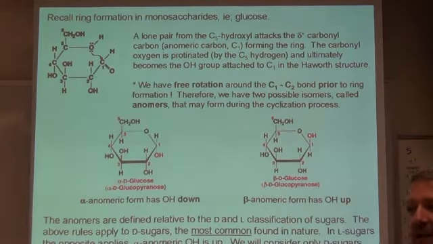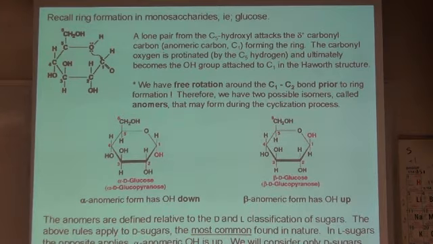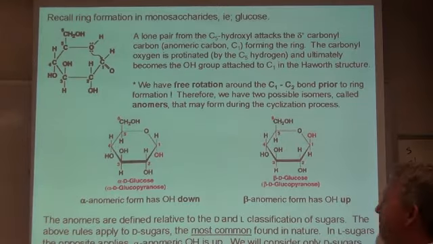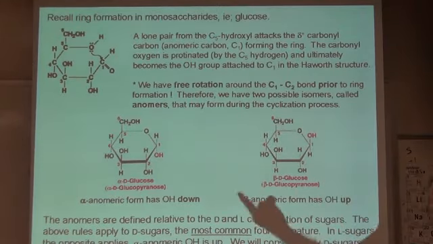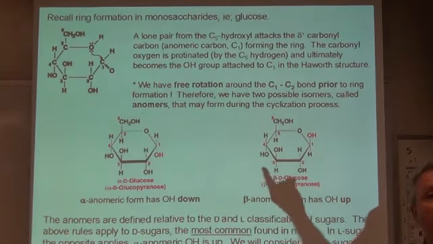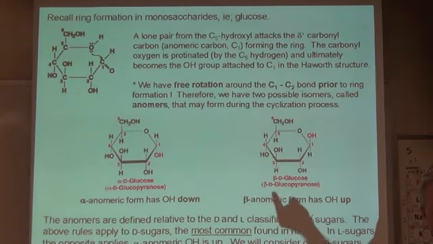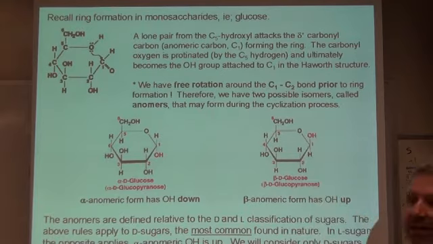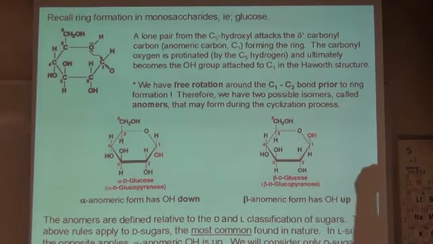Because the Fischer projection can't give you the configuration at carbon number 1. It's a C double bond O. Okay? So Fischers tell you whether or not you have D or L. You go to the second to last carbon, OH on the right, OH on the left.